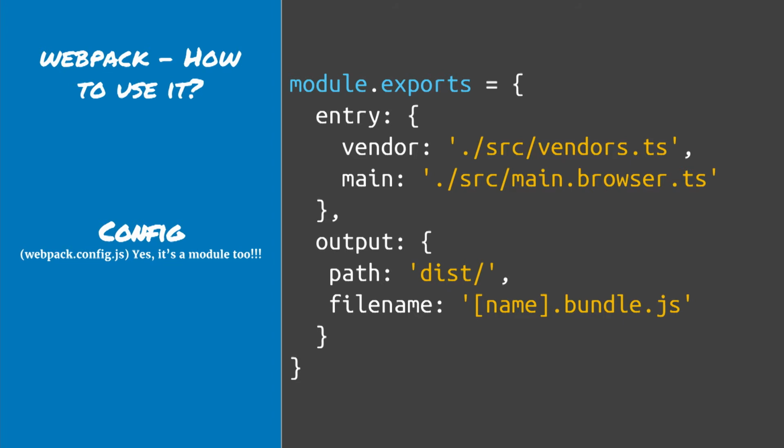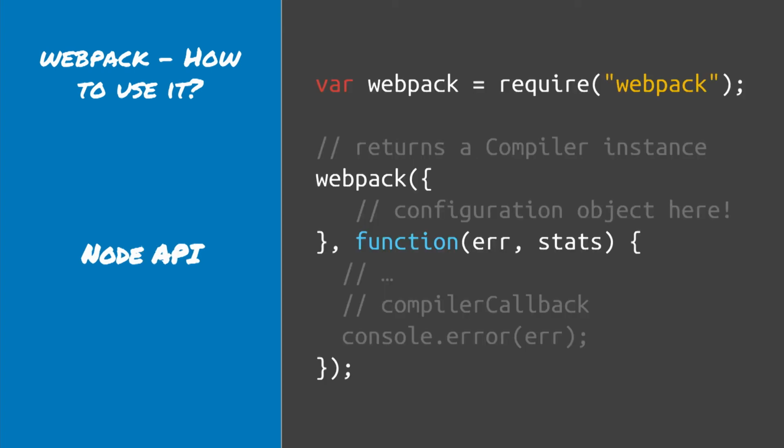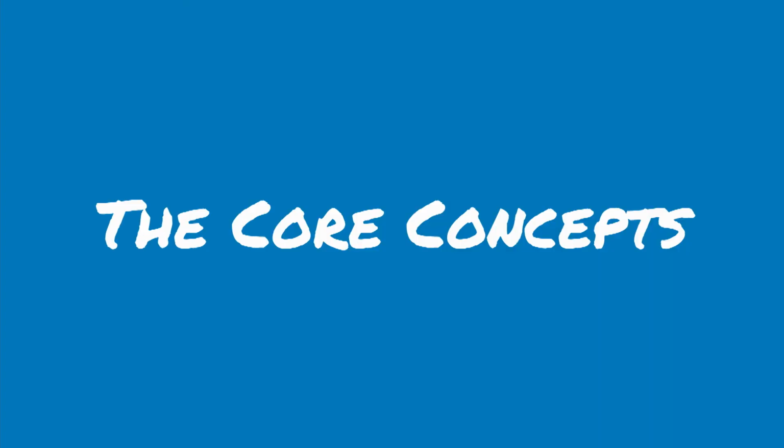This is an example of the Webpack configuration. You'd be like, Sean, wait, that's a module. And it's right, the configuration is code. Or you can use our Webpack CLI, and almost every single CLI flag actually maps to a configuration property. And then we also have a Node API, so if you're running your own Node server, which is probably not likely here, but you can still do so.